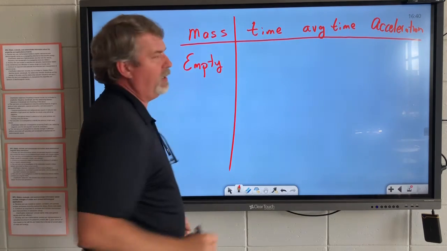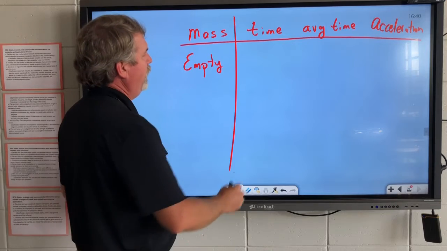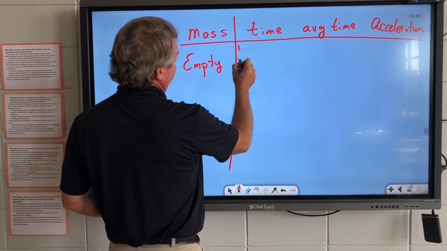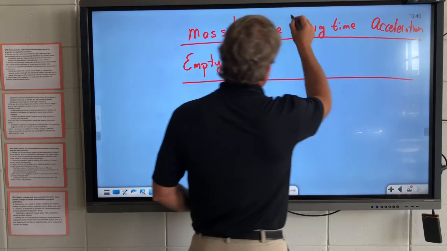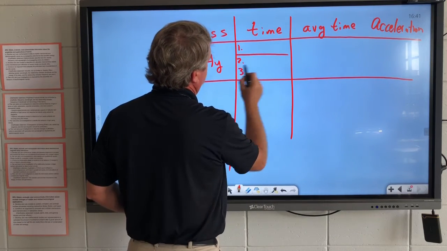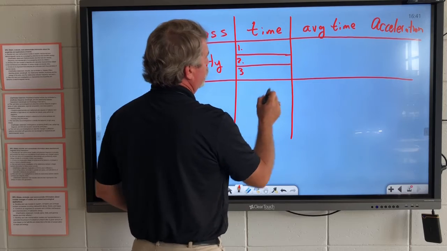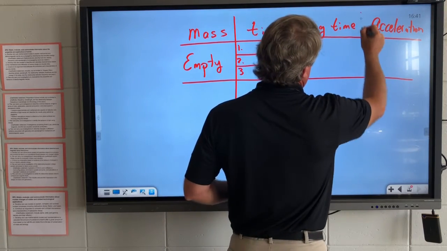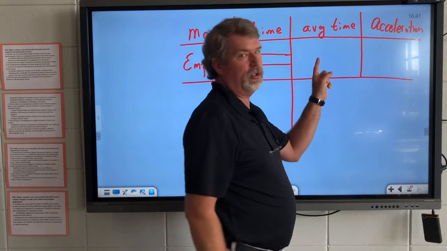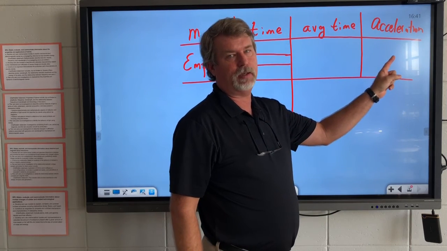You're going to start with the empty car, and you're going to do 3 trials. You'll then average those times together, and then you'll use the time to calculate the acceleration.